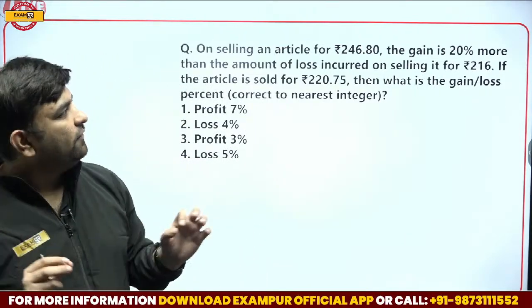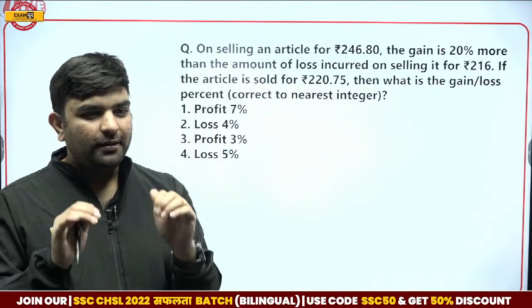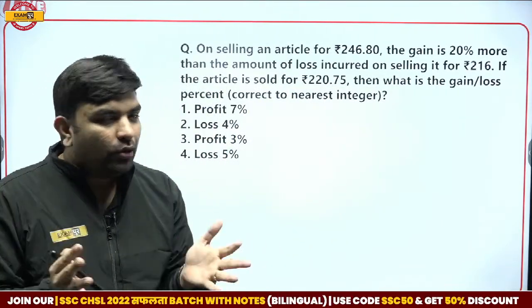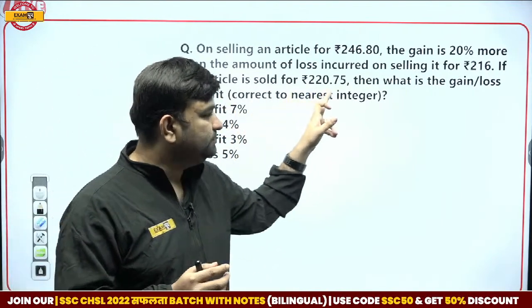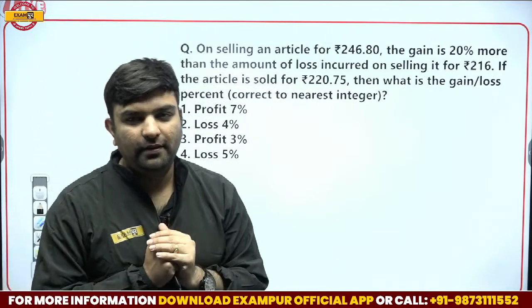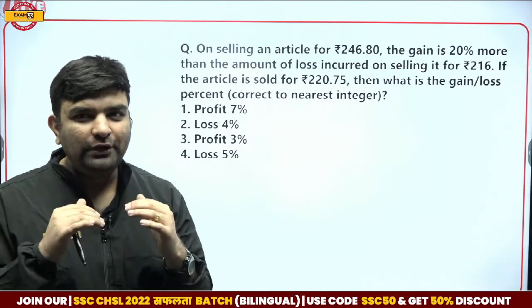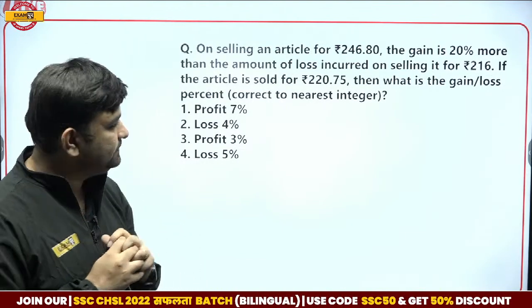On selling an article for 246.80, the gain is 20% more than the loss on selling it for 220.75. How do you interpret this data?